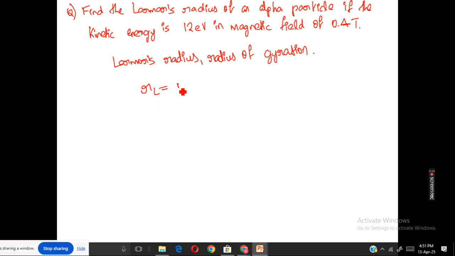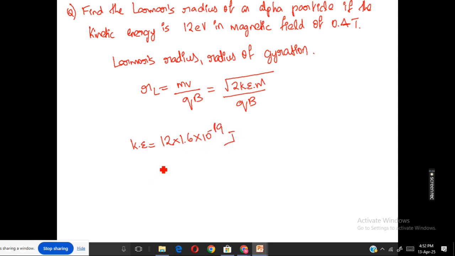RL is given by mv by qB, or root of 2 kinetic energy into m by qB. Kinetic energy is given as 12 electron volt, which is 12 into 1.6 into 10 raised to minus 19 joule.